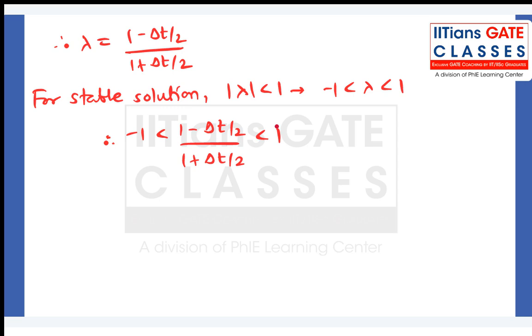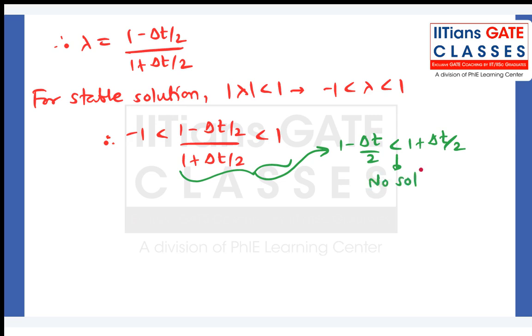Now let's say you solve each inequality separately. If you solve this part of the inequality, what it gives you is 1 minus delta t by 2 should be less than 1 plus delta t by 2. Okay, so the solution for this inequality is... actually there is no solution, because when you subtract 1 from both sides, it's just minus delta t by 2 less than delta t by 2.